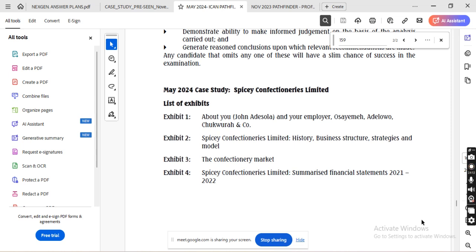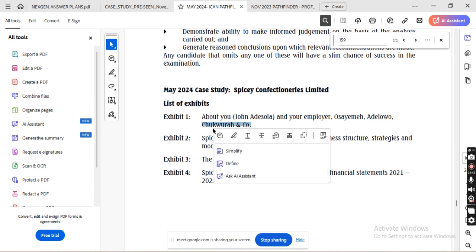Exhibit 1: About you, John Adeshola, and your employer, Osayemi Adelowo and Co. You can see, even reading this, you should know whether it is an internal or external report. Don't forget that this is Osayemi and Co., your employer, and you are John Adeshola.